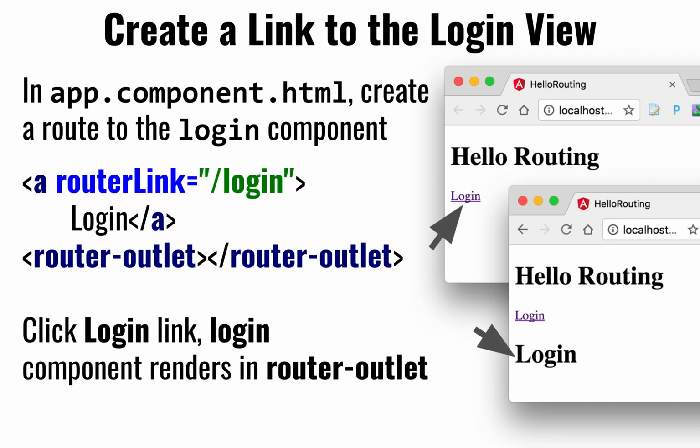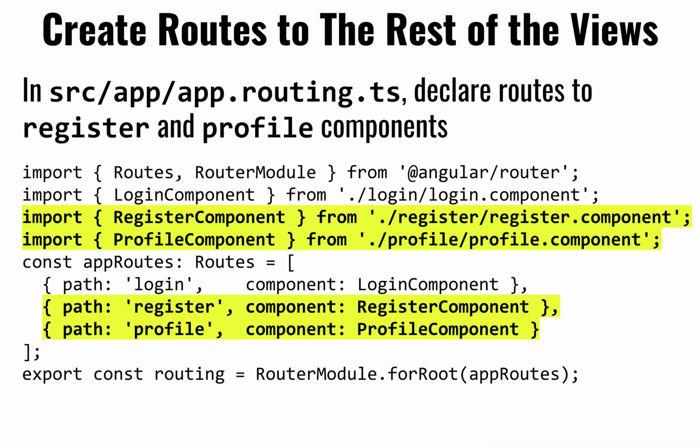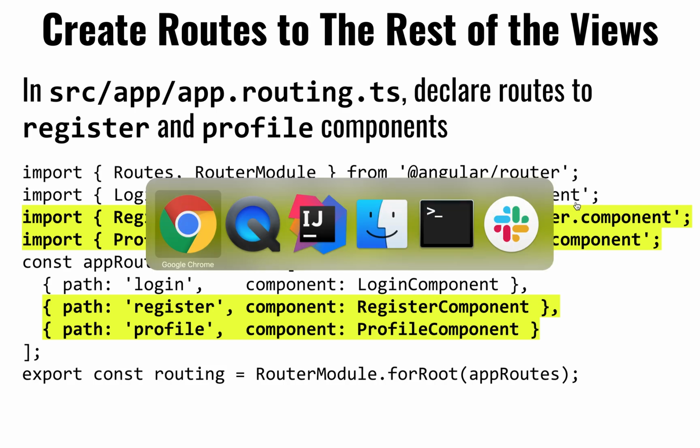It will render wherever the router outlet is declared. It's an empty element that we're going to inject the content into dynamically whenever the route changes, and we see what component to render there. All right, so let's implement a couple of these components and see how we can go about doing this.